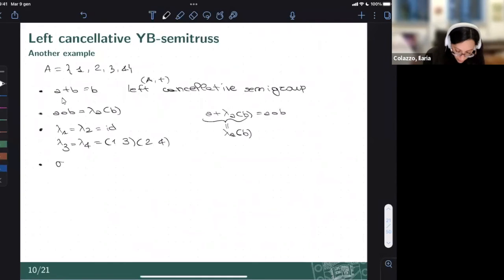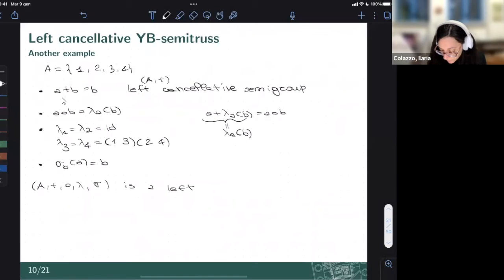The easiest rho map that we can define is just equal to B. So in this case, we can verify that all the requirements for being YB semitrusses are satisfied, and in particular, we can see that A plus circle lambda and sigma is a left cancellative YB semitruss.